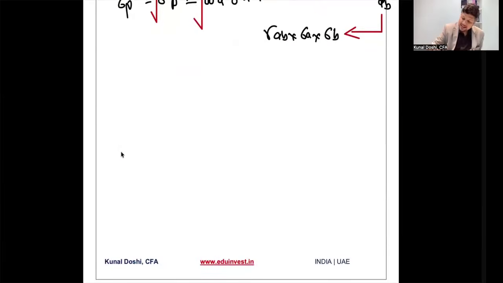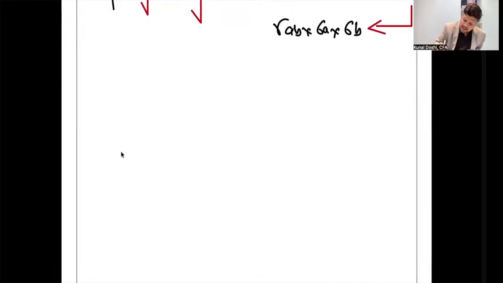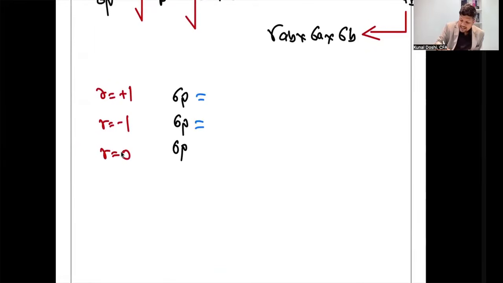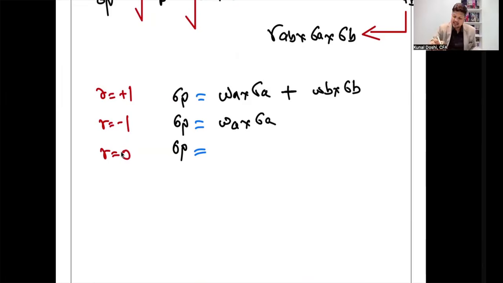Please remember, there is a shortcut for the portfolio risk formula that depends on the correlation, if it is exactly +1, -1, or 0. What is that shortcut? It is simply A plus or minus B: weight of A into standard deviation of A, plus or minus weight of B into standard deviation of B. The formula is the same, just that if the correlation is exactly -1, that is perfectly negative, this will become the lowest risk.